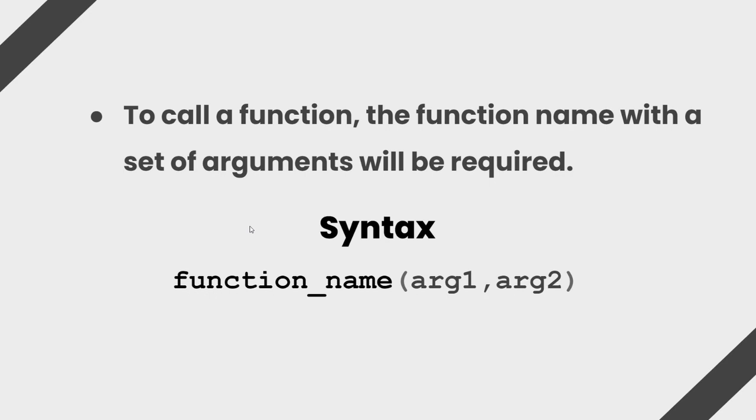Imagine we just have a brief example of a function that has parameters x and y. If we have parameters x and y, it means that by the time we call the function name, we should only have two arguments because the parameters are two.